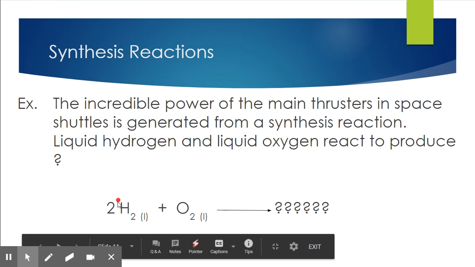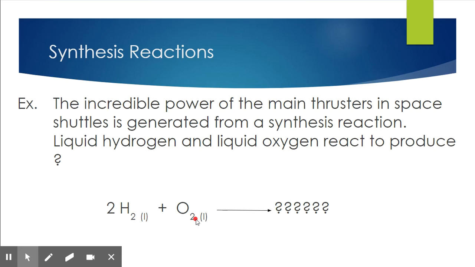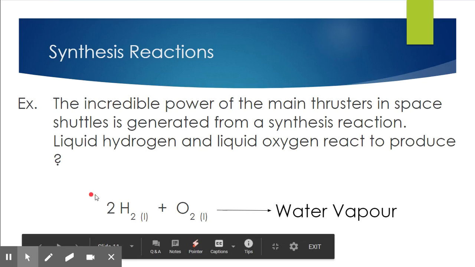We have two H2s, and we have four H2s, and we have two O's. Okay, so what do you think it's going to produce? If you said water vapor, you're correct. Okay, it produces H2O.